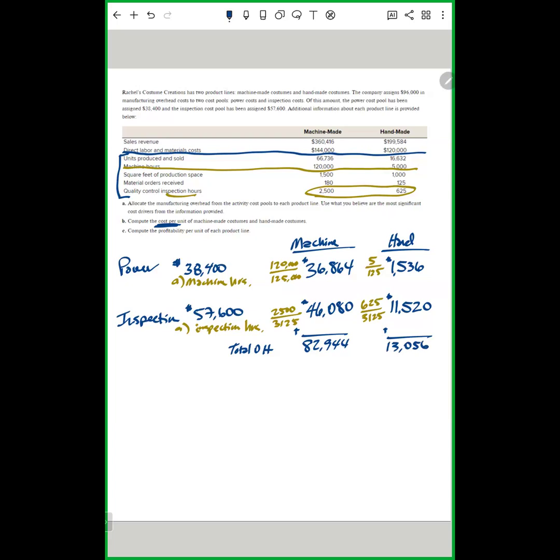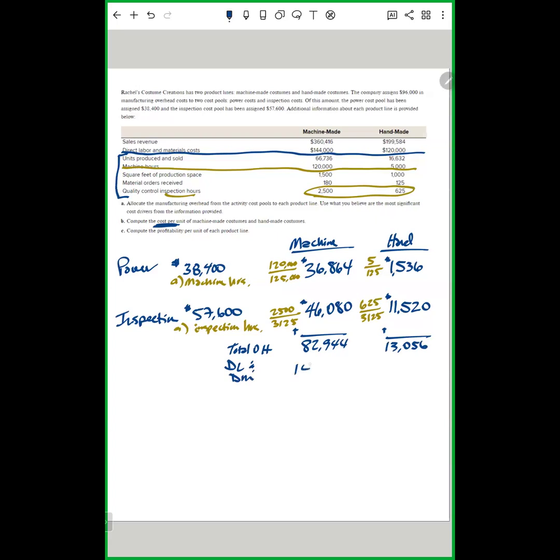So that's the overhead number. And then direct labor and direct materials are provided above, 144 and 120.